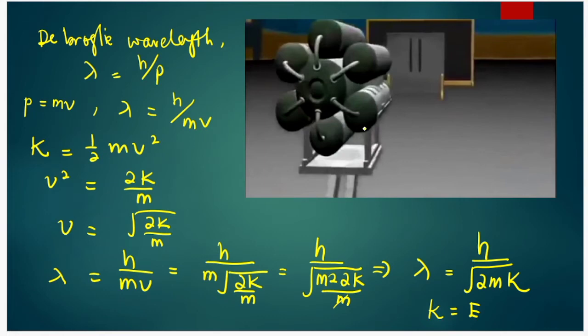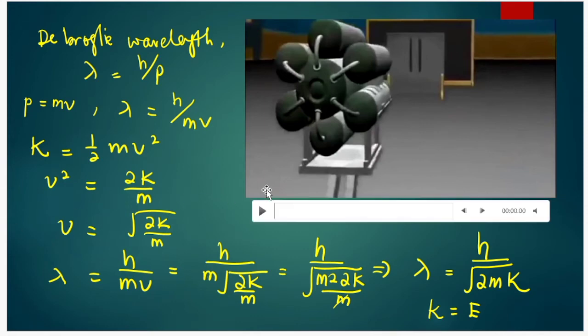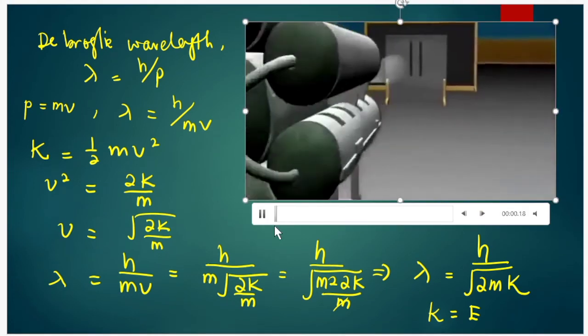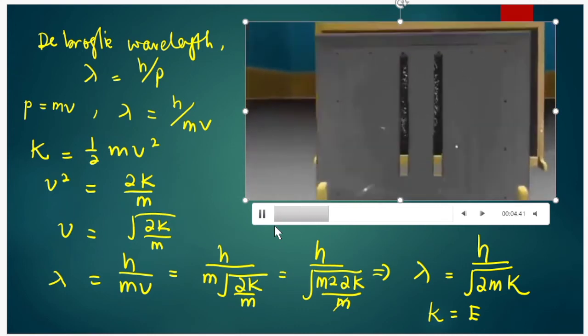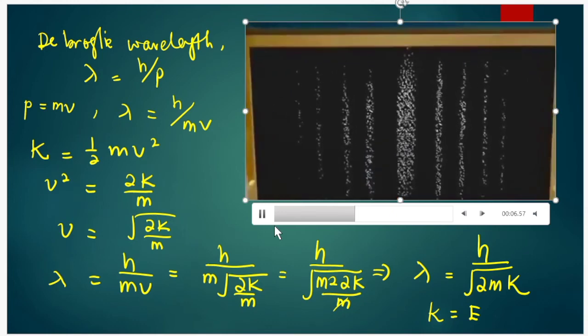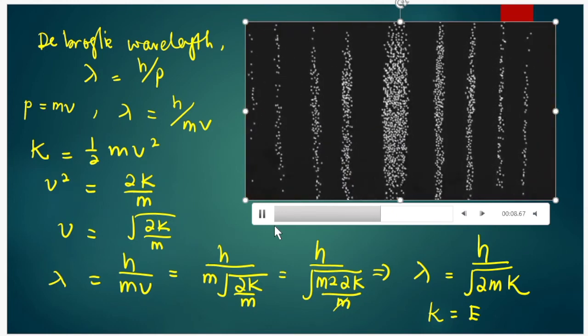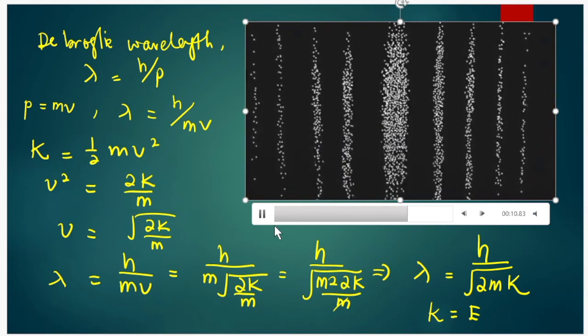As discussed by de Broglie, a small or lighter particle like an electron will show wave duality properties, meaning electrons can show wave properties. Okay, let's watch this video. Let's say electrons are allowed to pass through two slits.